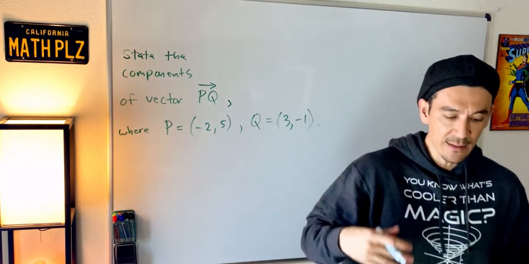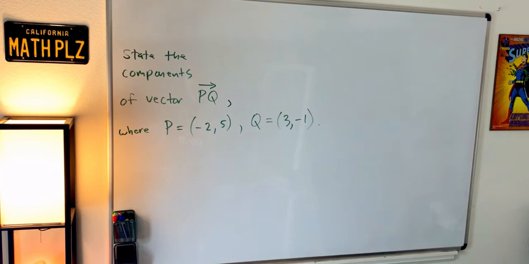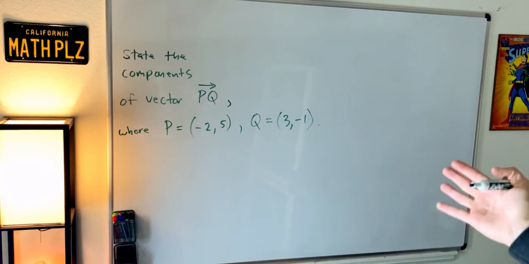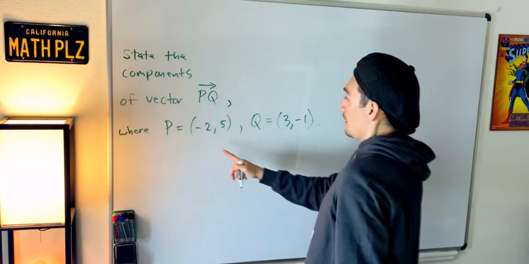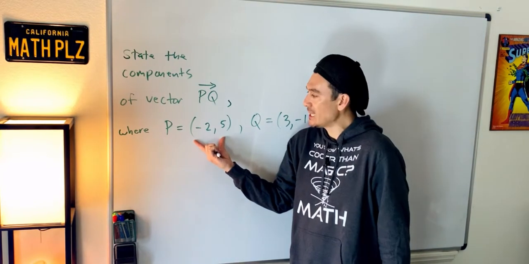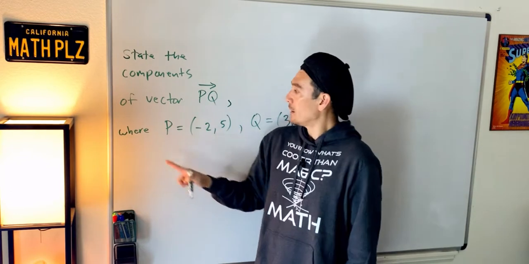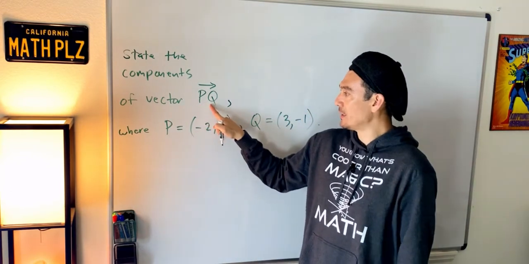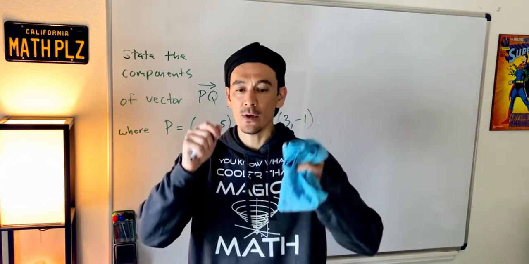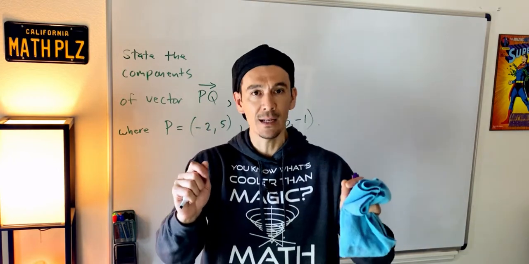I want you to tell me the components of the vector PQ, where P and Q are a couple of points. This is a point because it's in parentheses, and so is this. This vector begins with P and ends with Q, so the order of the letters totally does matter.